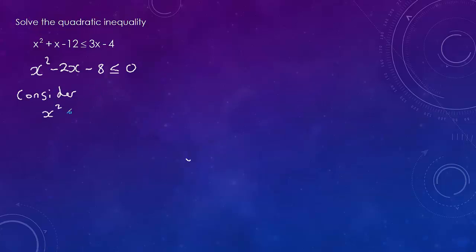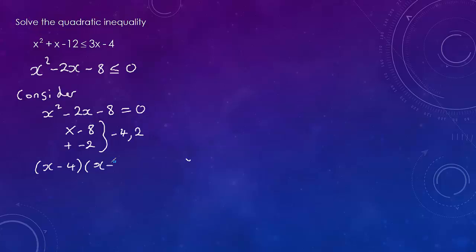solving x squared minus 2x minus 8 is equal to 0. So we want numbers that multiply to negative 8 and add to negative 2. So if we have negative 4 and 2, that would do that. So I have x minus 4 and x plus 2 is equal to 0.